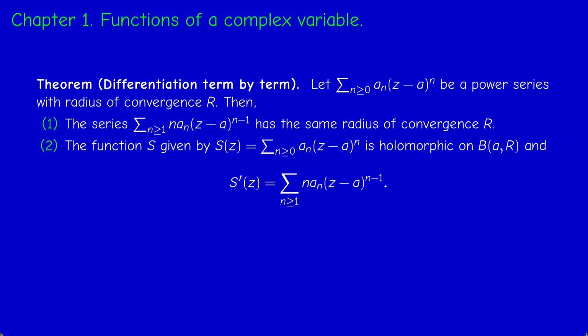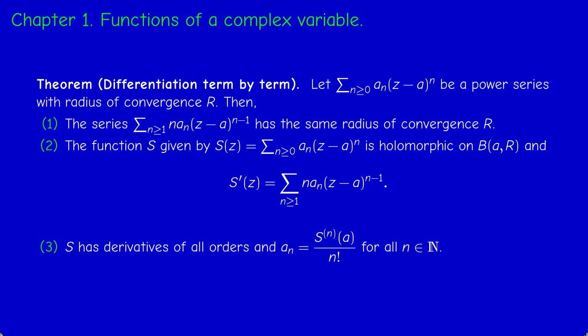It follows, if you repeat this process, that S prime is the sum of a convergent series. So we can differentiate term by term another time, and you get S double prime, and so on. So S has derivatives of all orders, and the coefficients are related by this simple formula, which resembles a formula for polynomials that you studied at high school.